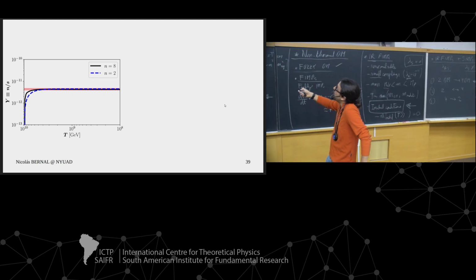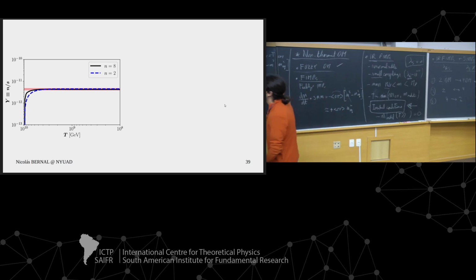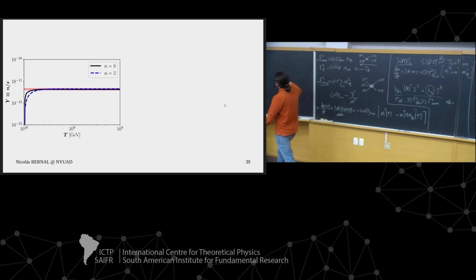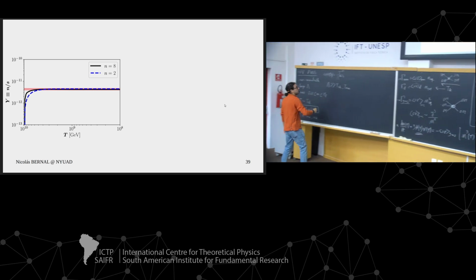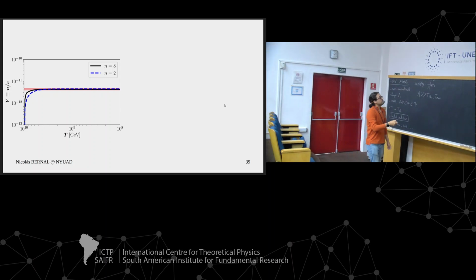Here Y is now a function of temperature, and the temperature is decreasing, 10 to the 10, 10 to the 9, 10 to the 8. I'm showing you the evolution of the comoving dark matter abundance for different values of n. Remember, n is basically the dependence on the temperature of this operator. And you can see it's really explosive.